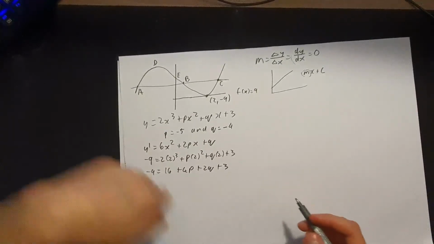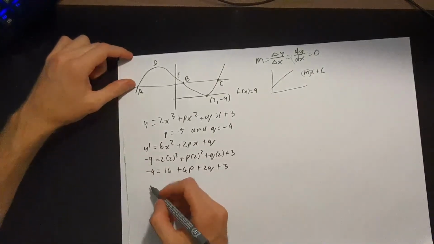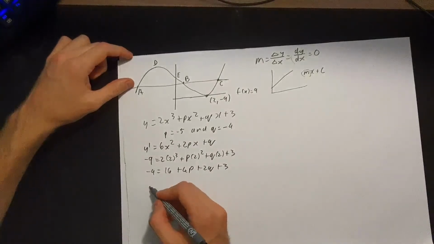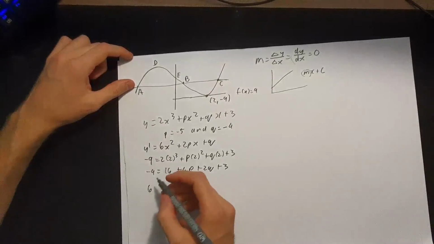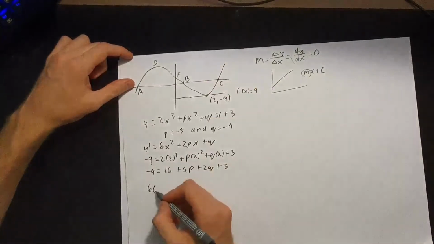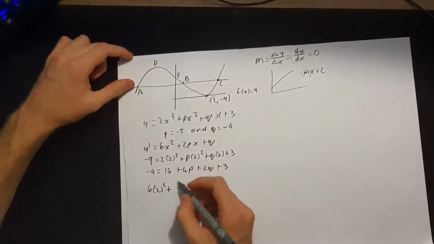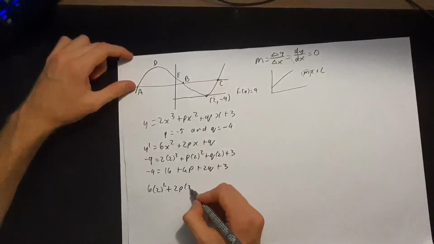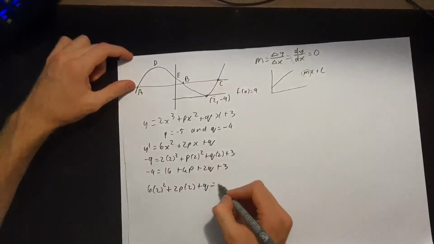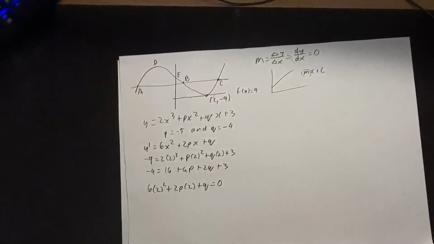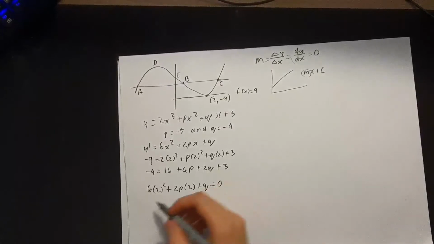Now if we set the derivative equal to 0, we're going to have 6 times 2 squared plus 2p times 2 plus q equals 0. Why? Because the gradient at that point is 0. Then we form our second equation over here.